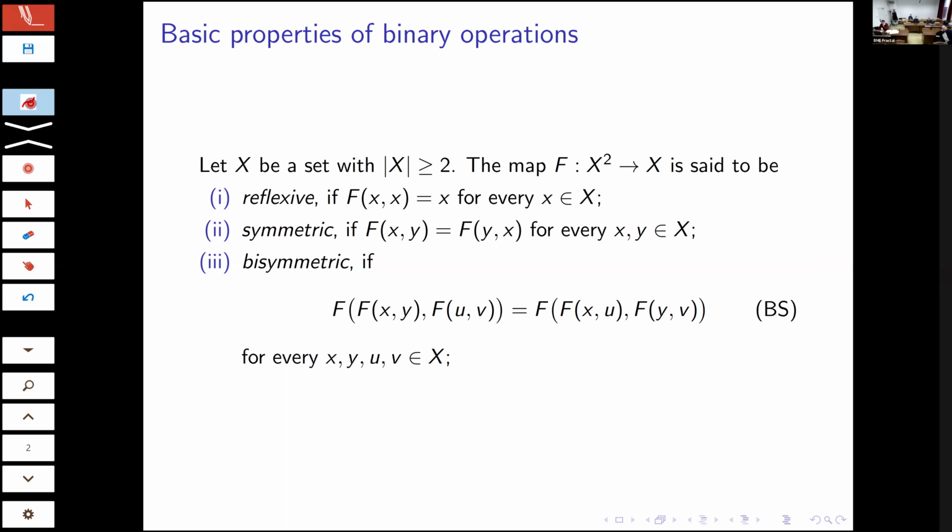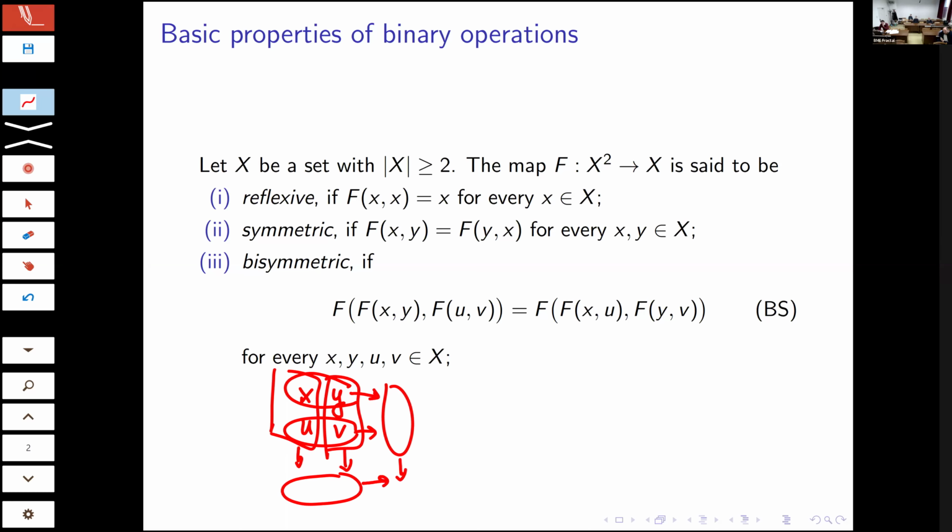We can think of writing x, y, u, v in this way, and first we evaluate by rows and then by columns, and it says that the result is the same as when we evaluate first these and then this. So it's a kind of commutativity assumption.